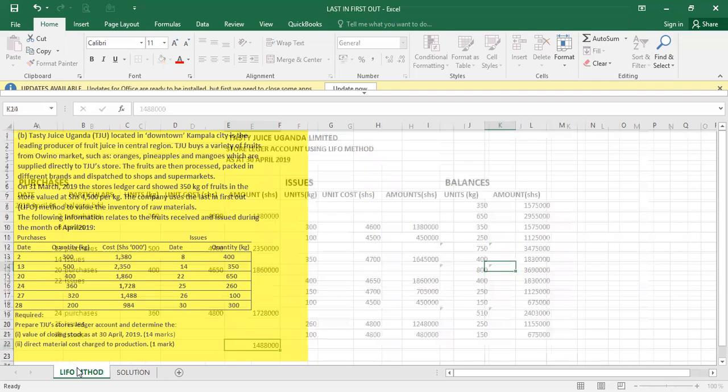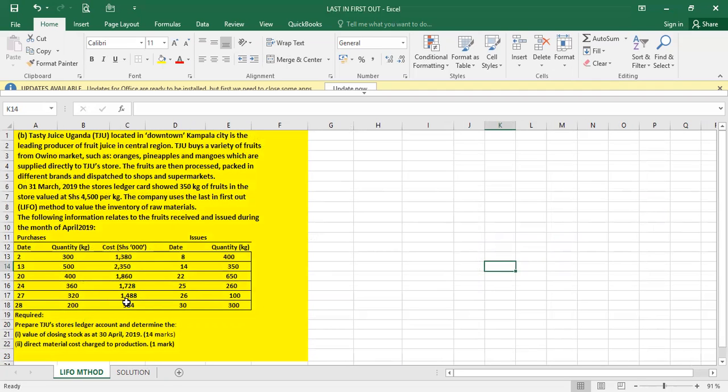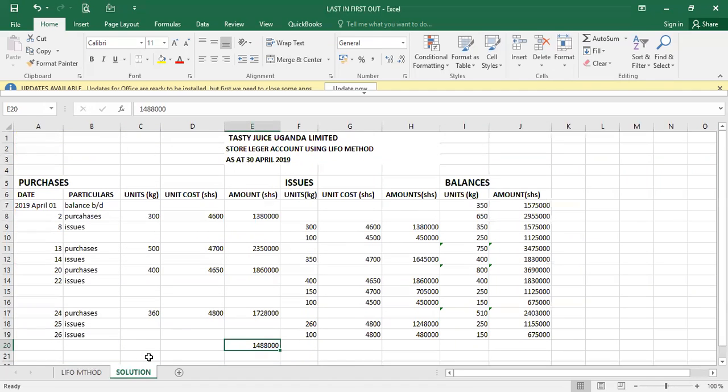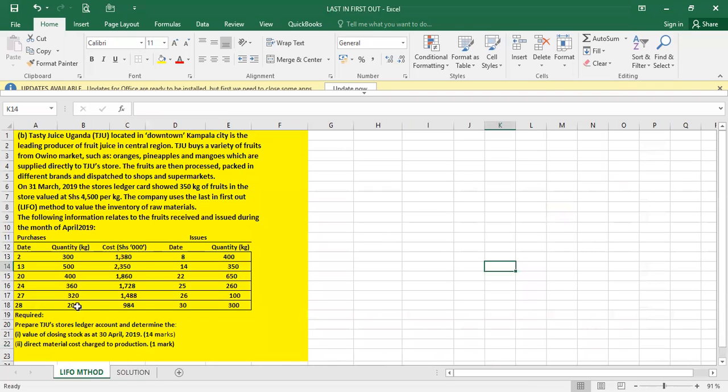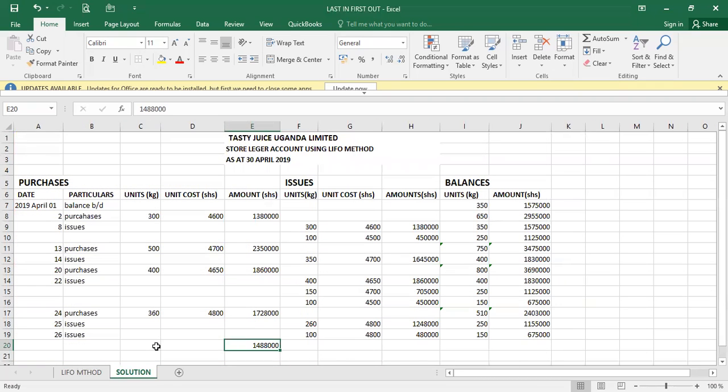Let me check, confirm the figure. It is 1,488,000. Purchased the number of units, there were 320. These are purchases.